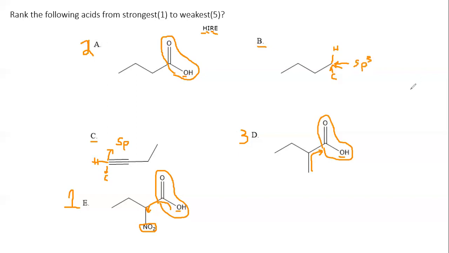And if you remember from the previous slide, the more s character in your hybrid orbital, the more acidic that proton is. So the more s character in your hybrid orbital of the element attached to the proton, the more acidic that proton is. So in that case, C would be number 4 and B would be number 5.